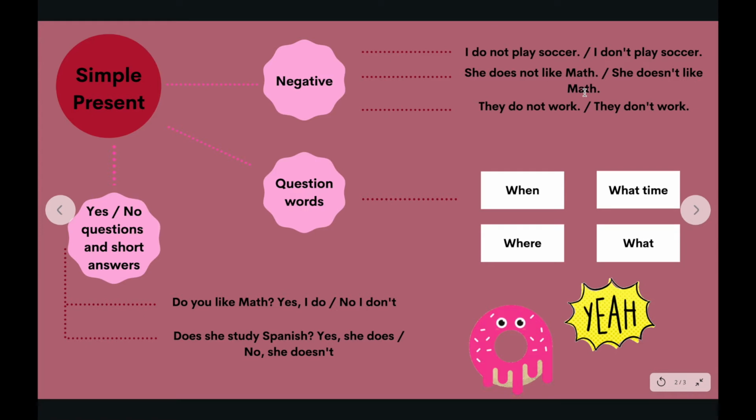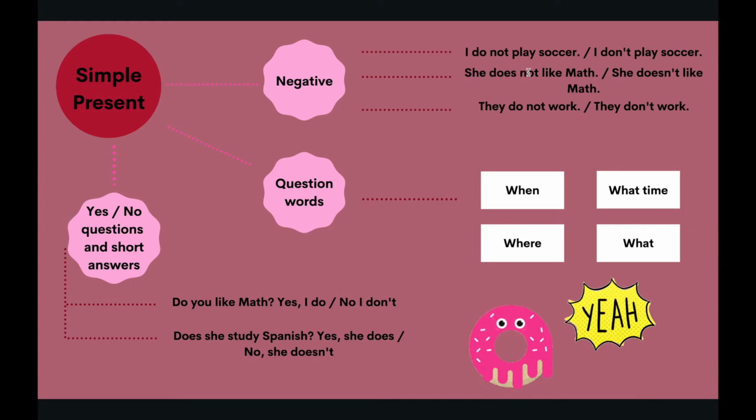What do you have to know? You have to know that with I, you, we, and they, we are going to use do not. But with she, he, and it, you're going to use does not or doesn't.